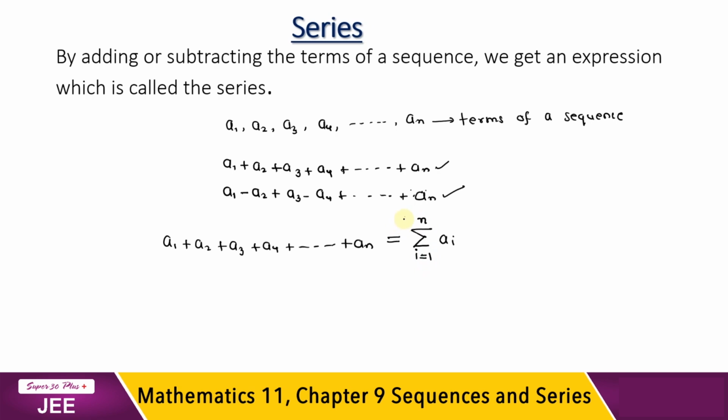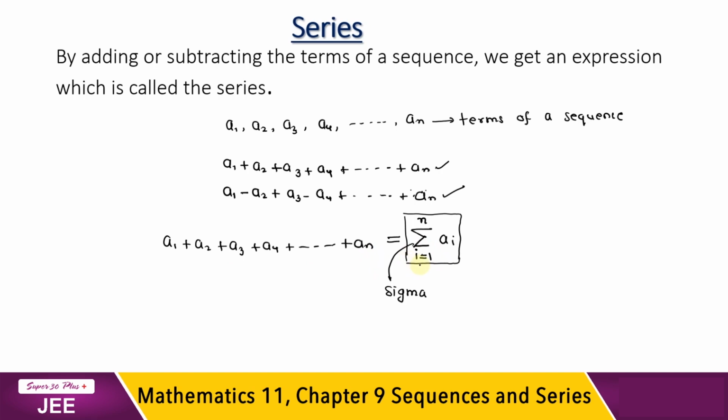So this is the compact notation that I am talking about. This compact notation is denoted by sigma, which means that whatever has been written inside it, we have to add them up in order to get the entire series.